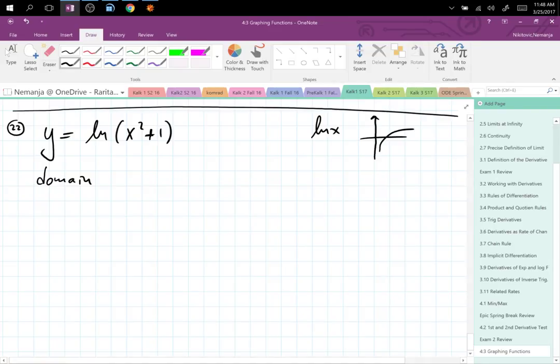First of all, let's see, is 0 okay for the domain now? If x is equal to 0, it's okay, because ln of 0 plus 1 is ln of 1, which is 0. So 0 is okay value. How about 1? 1 squared is 1 plus 1 is 2, ln 2. That works. So what value does not work?